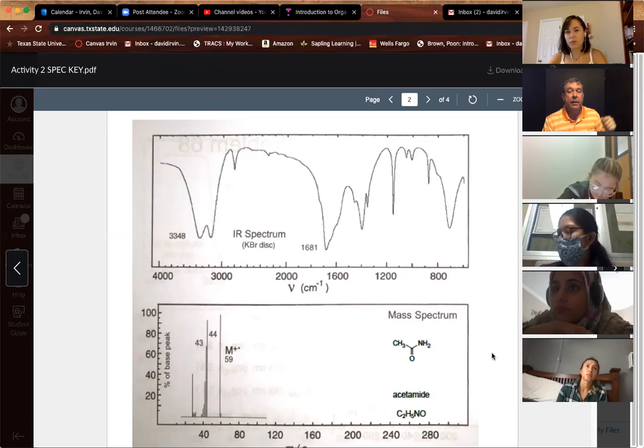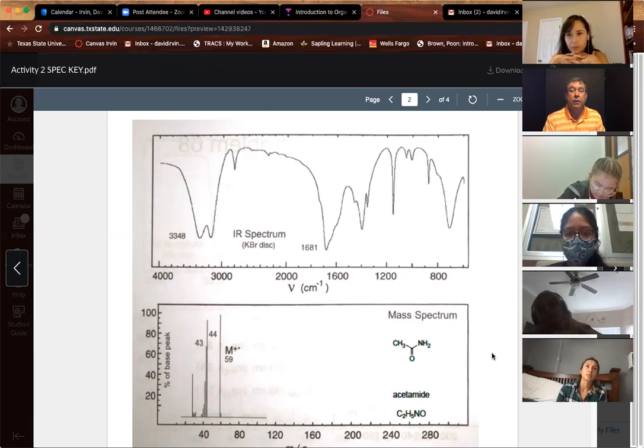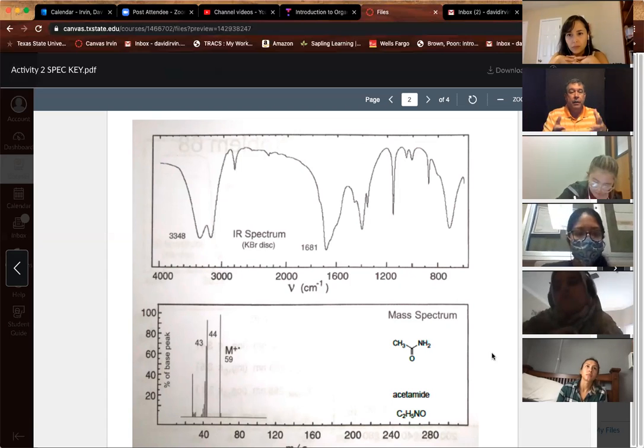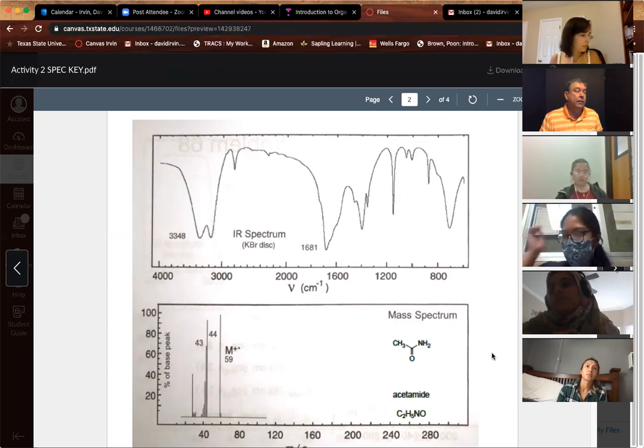And the broad peak at the 1681 supports our idea that we have some kind of amide structure or some kind of donating group on the carbonyl. So we have the amine, stick it on the acetyl group, and we have the acid amide. Okay, so that should have been fairly straightforward.